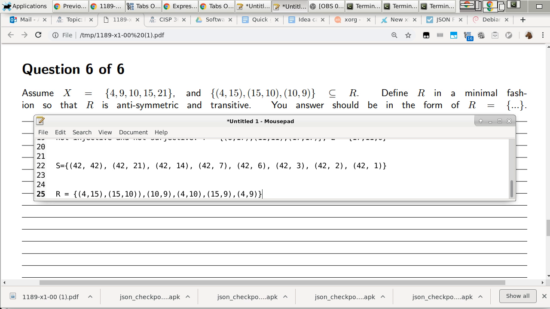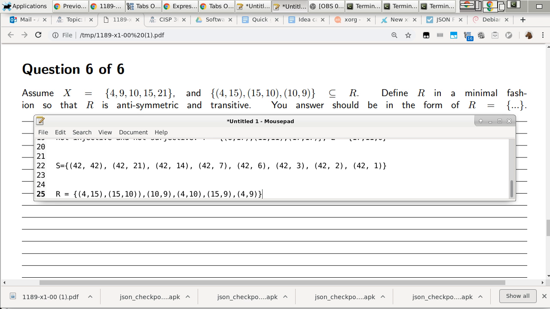How do we know it is antisymmetric? Yep. You cannot pick any two values, A and B, such that A R B and B R A, but yet A and B are different.